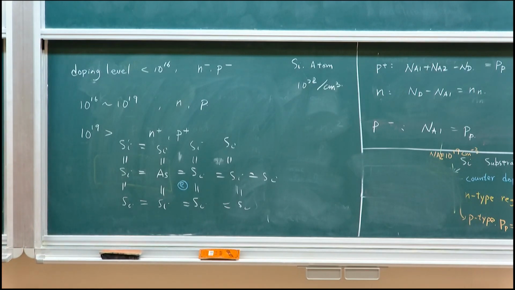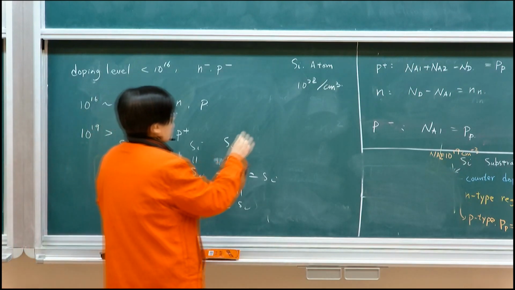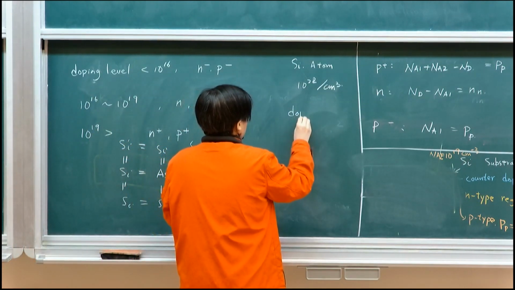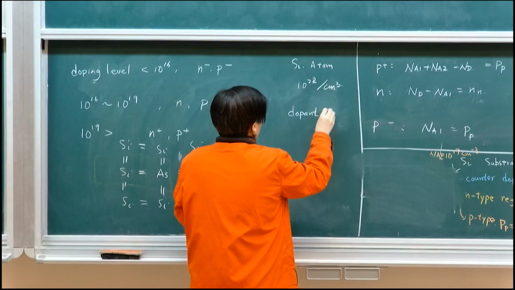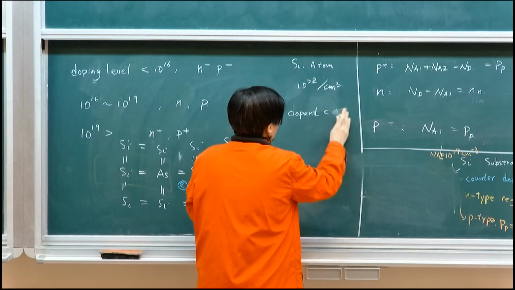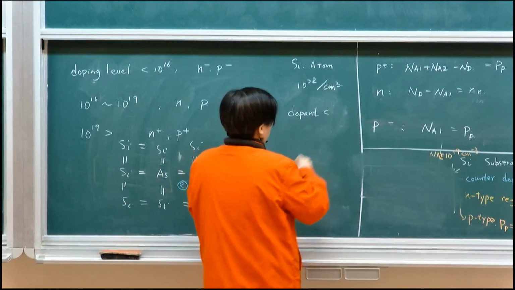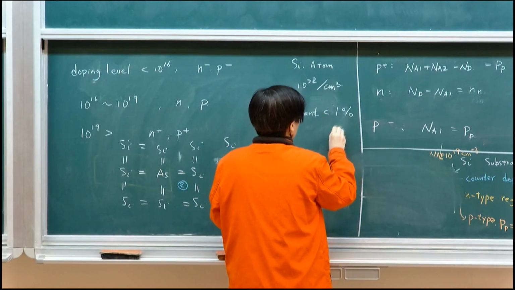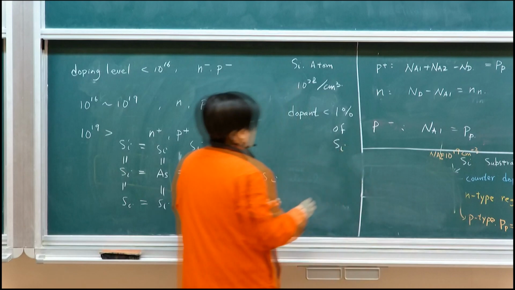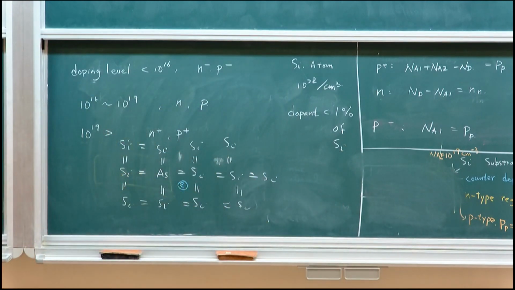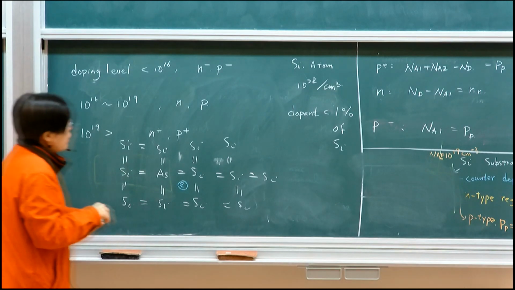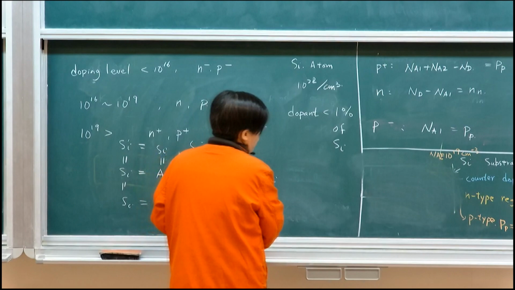Doping will be less than 1%, I should say, less than 1% of silicon in terms of density. So whatever is heavily doped will not exceed that level. Otherwise, you're changing the crystal structure. Okay? So back to this part.